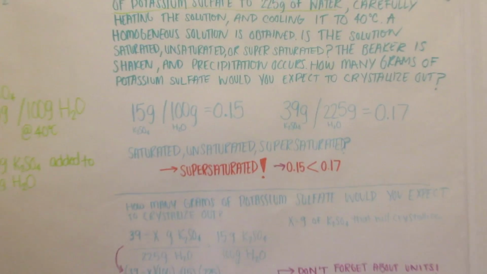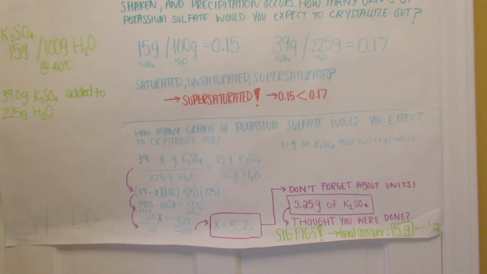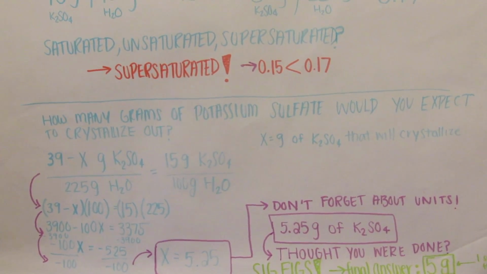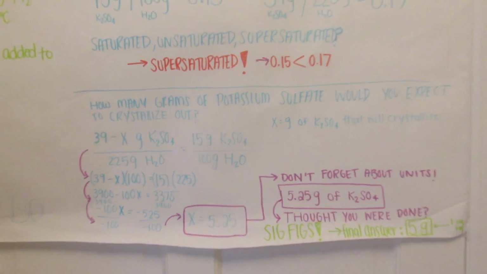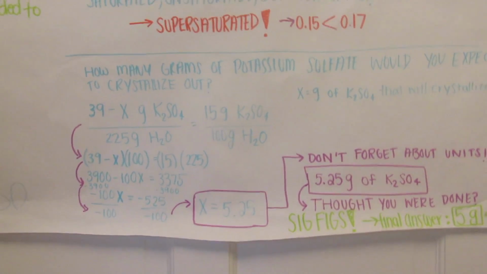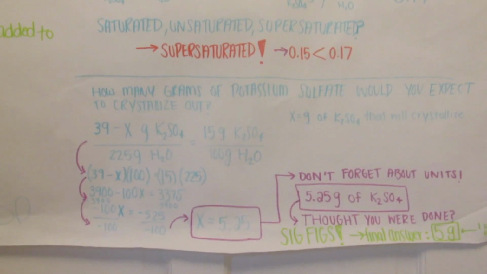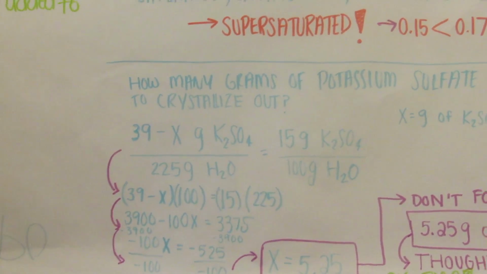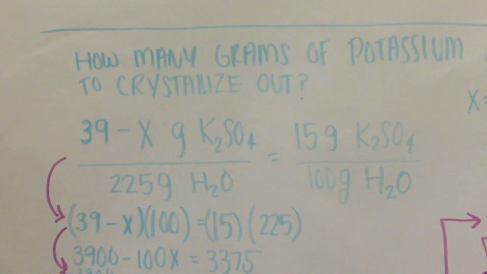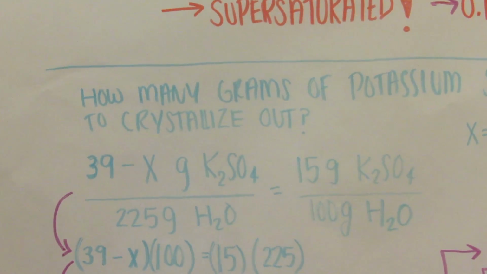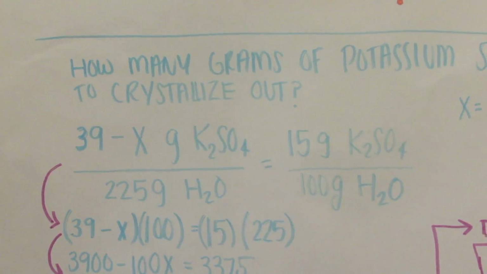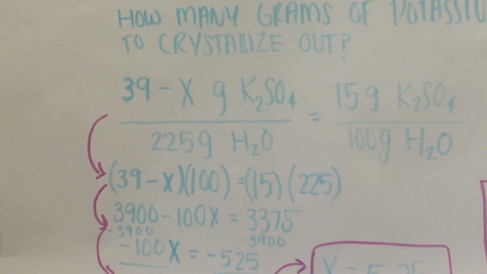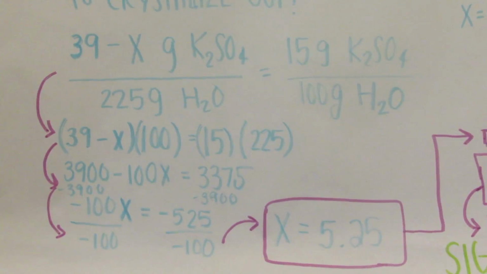The next question we're going to solve in this problem is how many grams of potassium sulfate would you expect to crystallize out? So we're going to build an equation off of these fractions again. We know that here to the right it's 15 grams of K2SO4 over 100 grams of H2O. And then on the left, we're trying to figure out how much potassium sulfate is going to crystallize out.